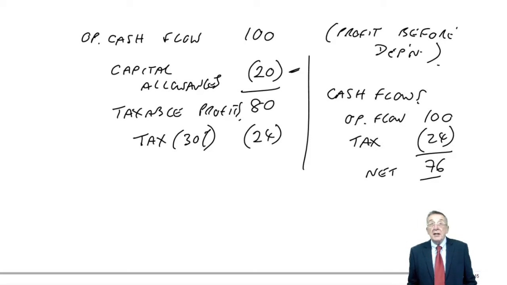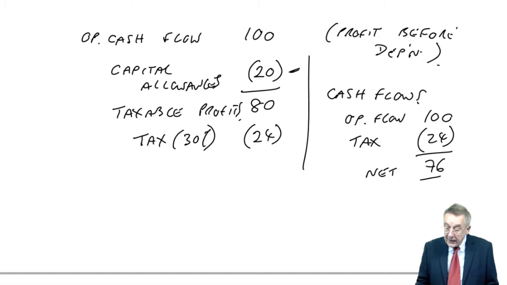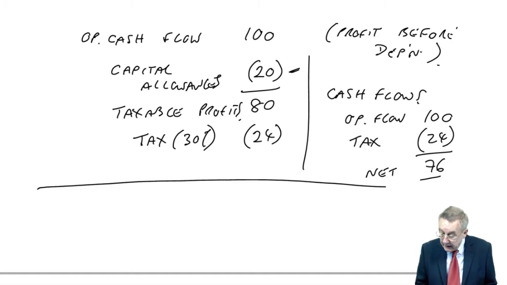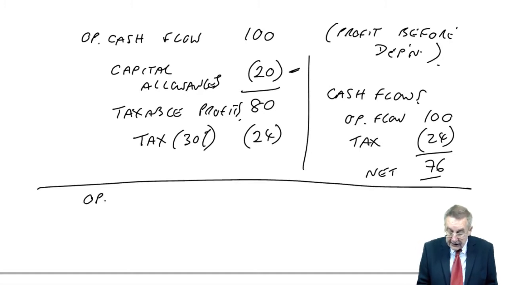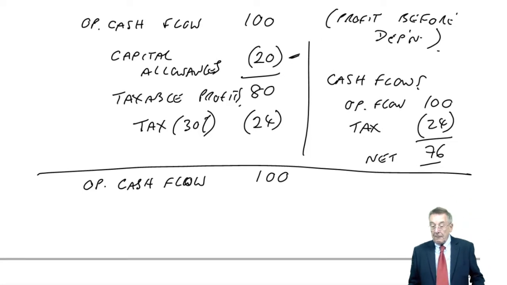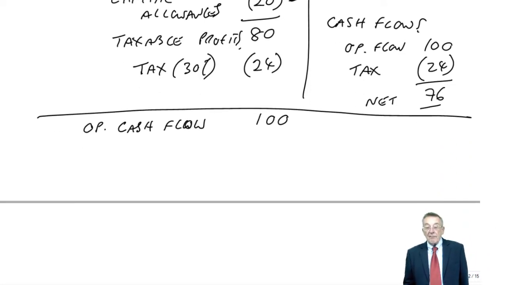Now, by all means, you could do your workings that way. But what's more efficient and easier in the exam is to do it this way. Is to say, the operating cash flow is 100. We then say, what would the tax be if there were no capital allowances, if there was no tax depreciation?